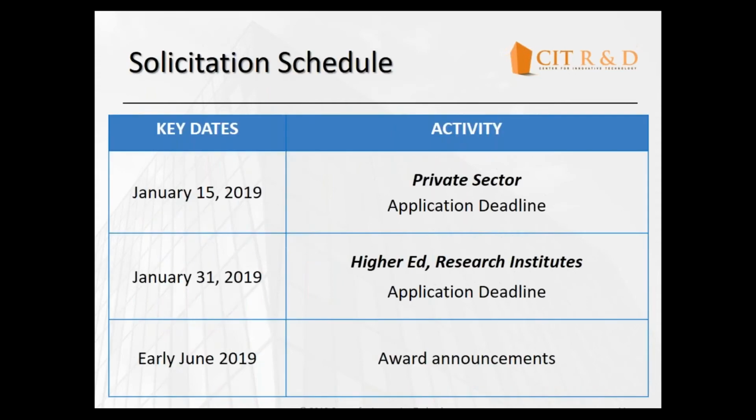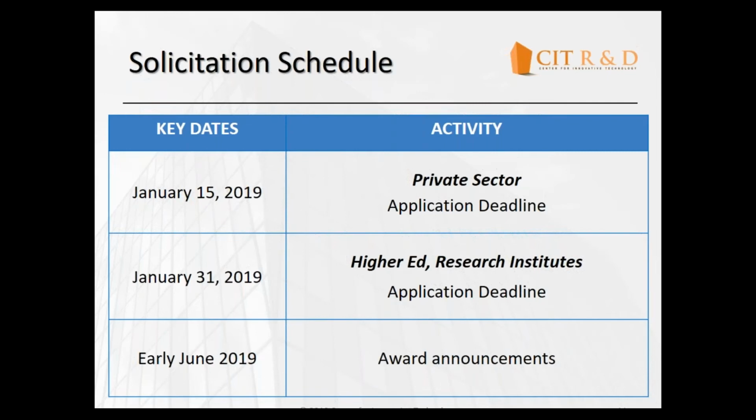As you likely noticed during the LOI process, our programs have staggered deadlines. The application deadline for the commercialization program and the SBIR and STTR matching funds programs is at noon on Tuesday, January 15. The application deadline for the matching funds program and the eminent researcher recruitment programs is noon on Thursday, January 31.